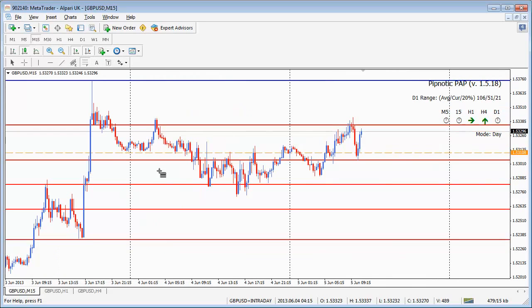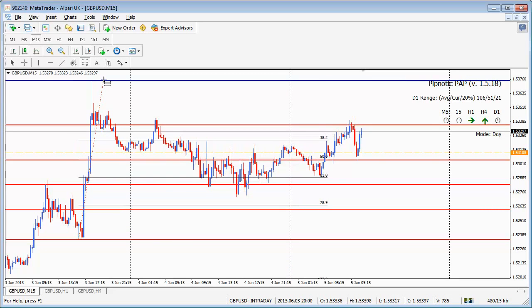And if we go back to the 50-minute chart here, and we draw, for example, from this low here to this high here, we can see that this 38% retracement converges with the 50% retracement from this low to this high, which could be a sensitive level. And here we have other levels that almost converge. So we have this one and this one and this one, all of which we could consider.